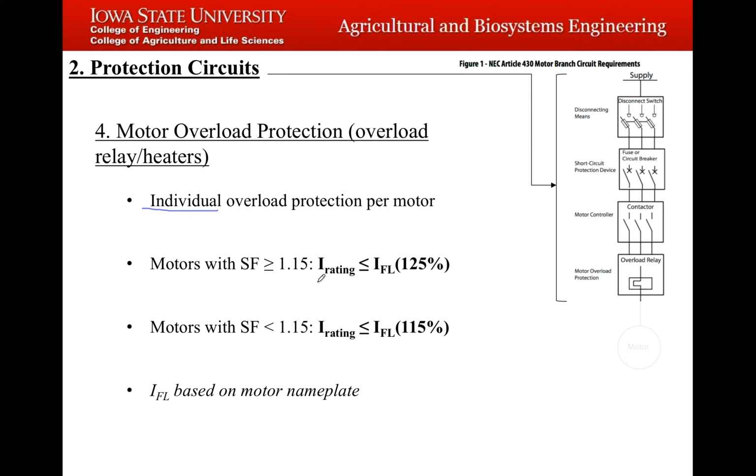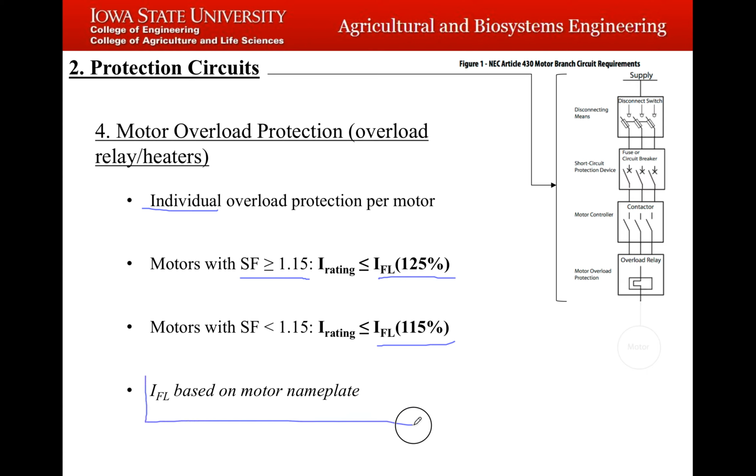If the motor has a service factor greater than or equal to 1.15, we need the current rating of our overload to be less than or equal to 125% of full load current. If the service factor of our motor is less than 1.15, then the current rating is 115% of full load current.